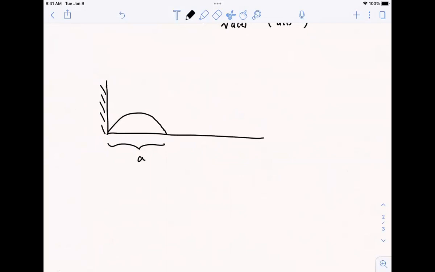If you just move suddenly, then the wave function won't change. It cannot respond. So you just get exactly the same wave function.